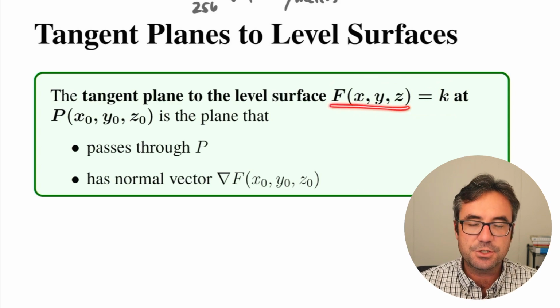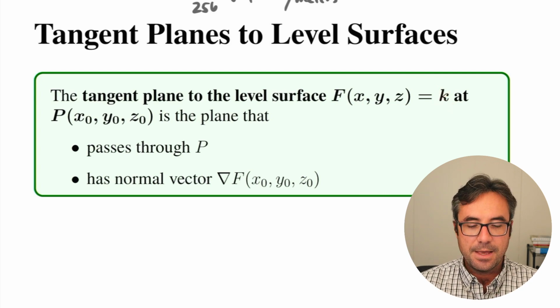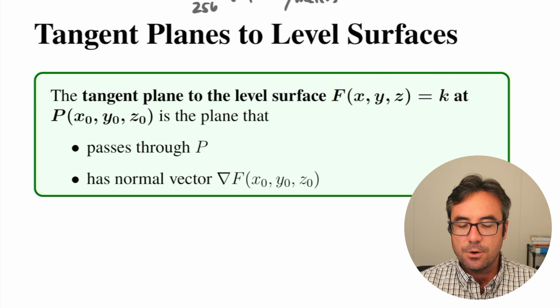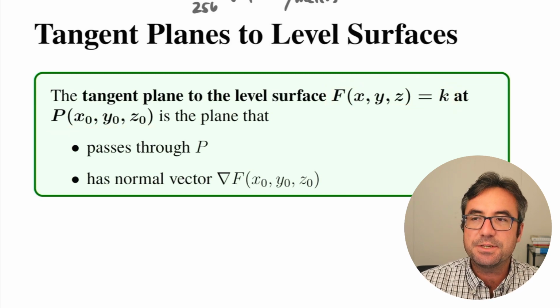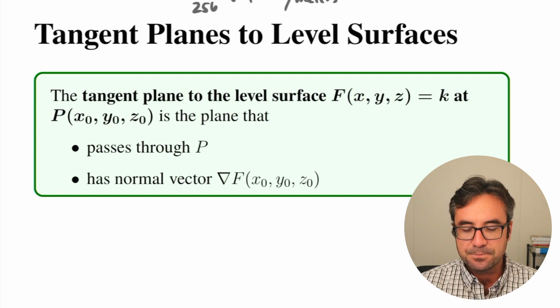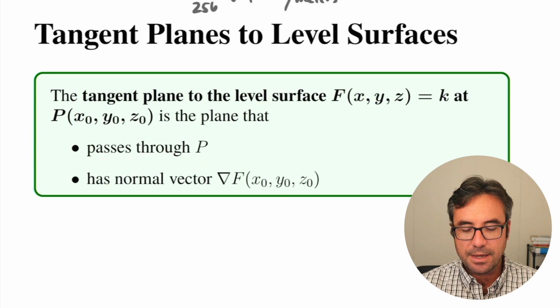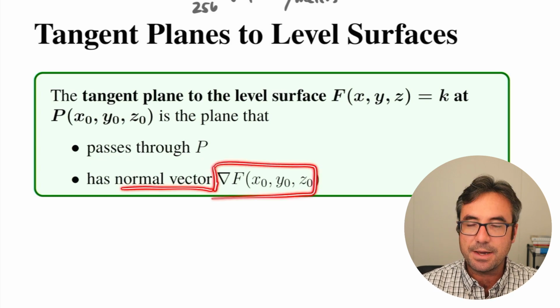So we have some function f of x, y, z equal to a constant k. And if we have this level surface, we can find the tangent plane at a specific point. And the way our tangent plane's defined is it's the plane that goes through the point P, and the normal vector is actually given by the gradient.